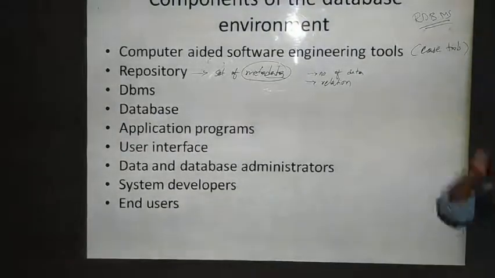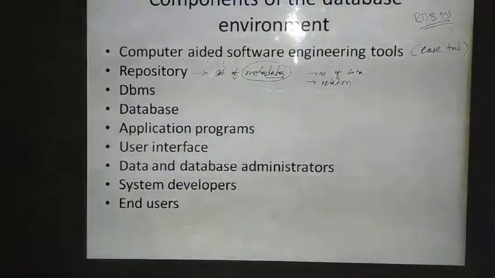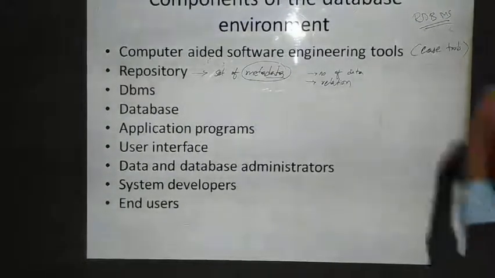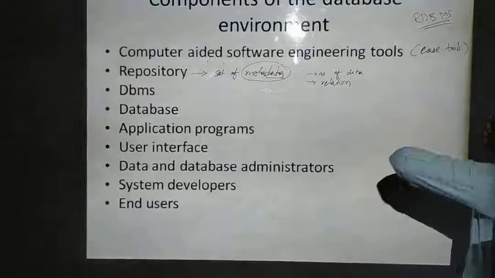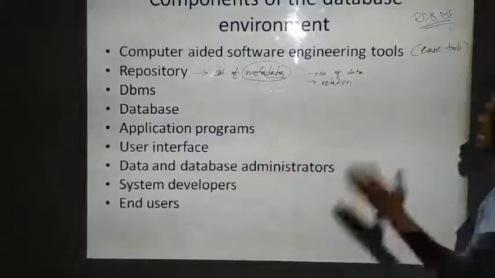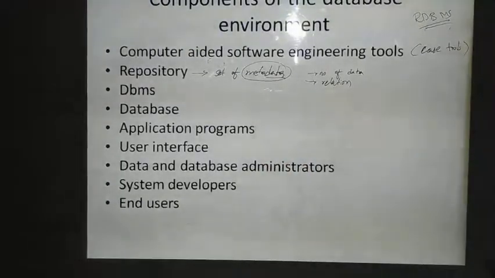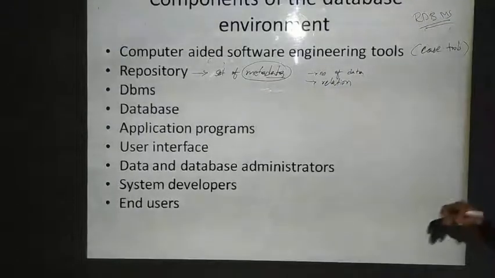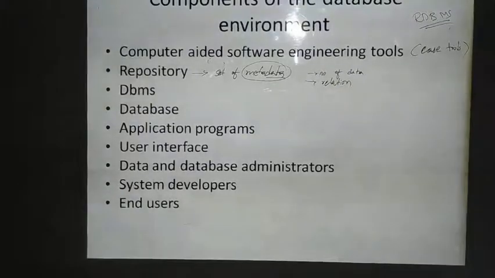The repository maintains those details in order to handle your database in an accurate manner. It is centralized knowledge about the data corresponding to your data definitions: how you are going to design your database structure, how it is related to one another, and how we are storing the data for that particular database. That information is stored in your repository.